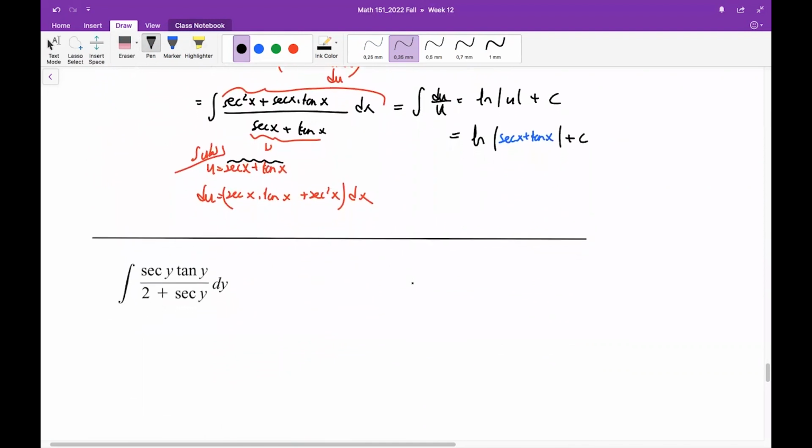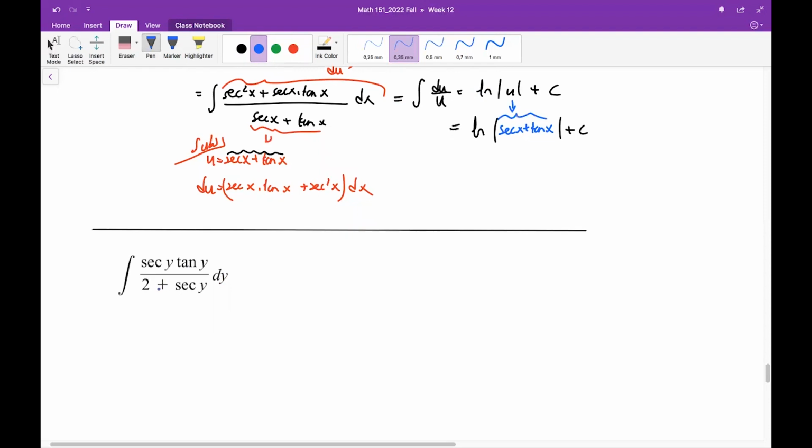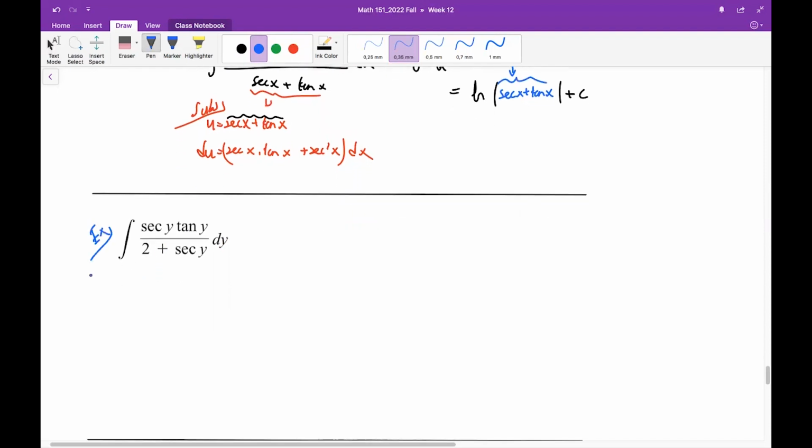Okay, let's move on. Look at this example. We will choose some part from this function as u and we will apply substitution. Let's choose this part as u. If you have a rational function, something divided by something, the best choice for you is to choose the denominator, okay? 2 plus secant y is our substitution now.